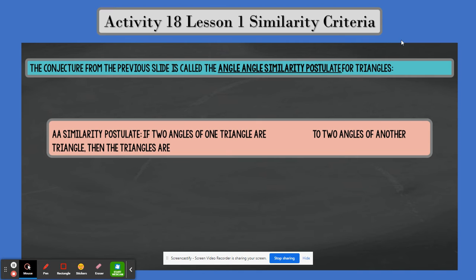Angle-angle similarity says if two angles of one triangle are congruent to two angles of another triangle, then the triangles are similar. Again, similarity has nothing to do with being the same. That just means that the triangles look alike. So if I have two angles, that's enough to show that the two triangles are similar.